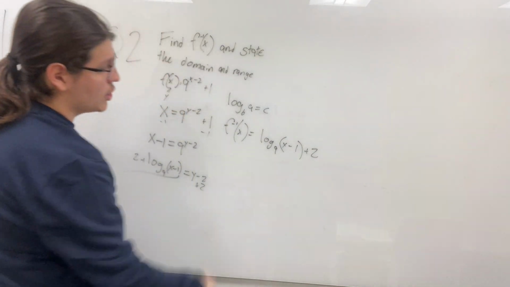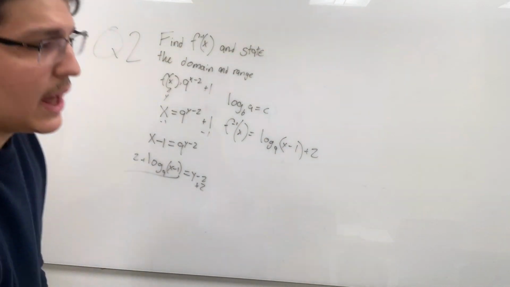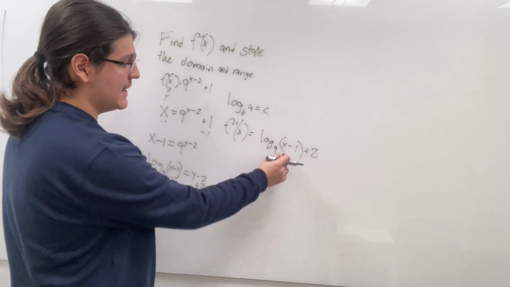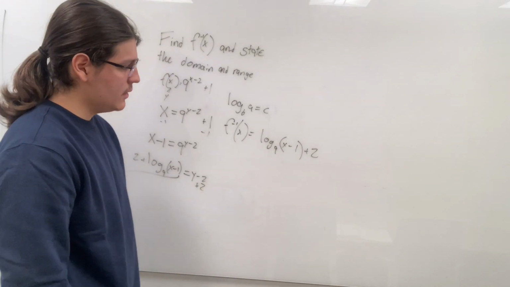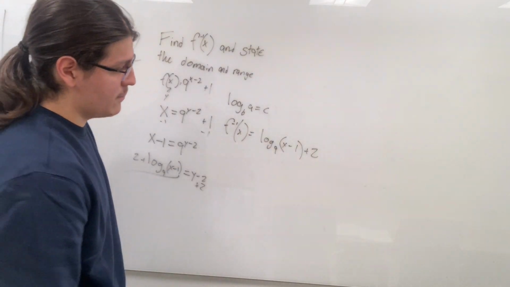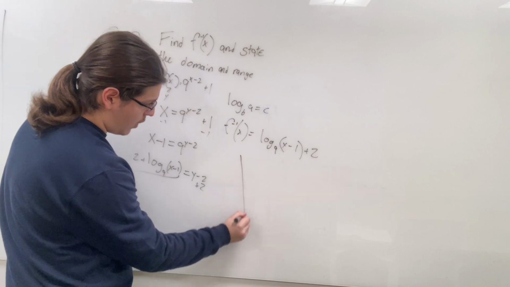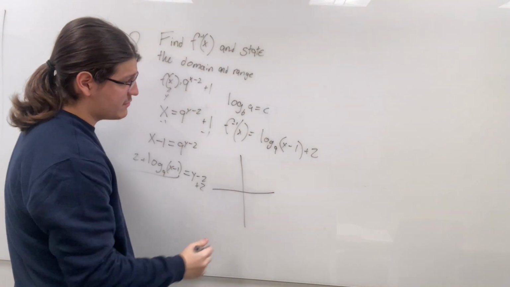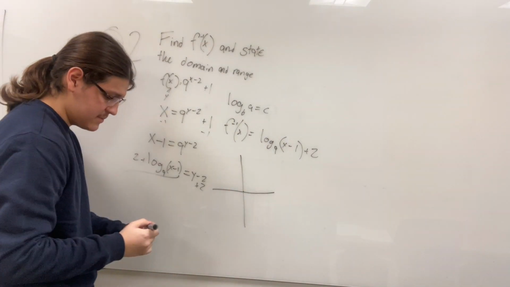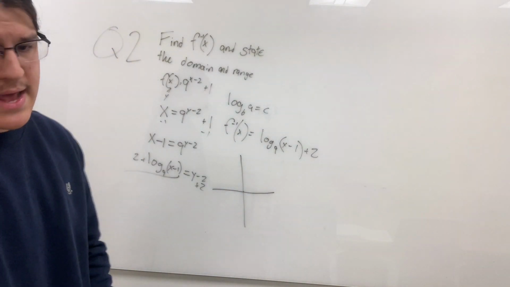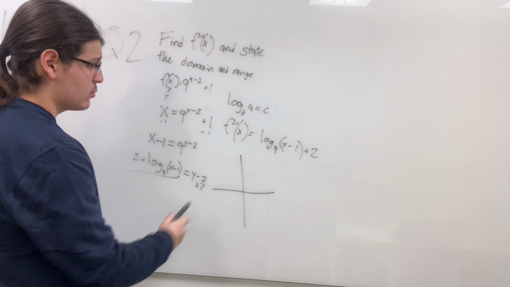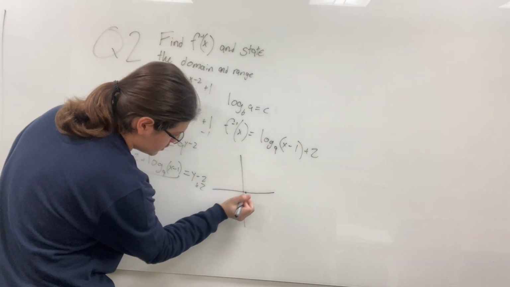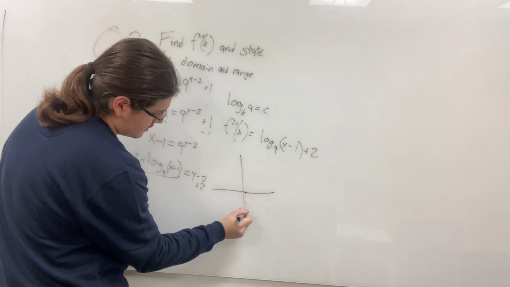Recall that logarithms, they all have a vertical asymptote at 0 because we cannot plug in negative numbers here. But we have shifted it over by 1. So while a regular logarithmic function would have an asymptote at 0, we now have it at just 1. Put a dot there.